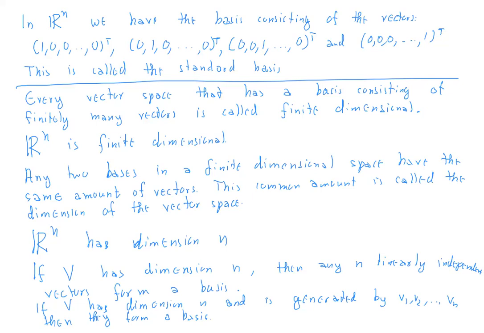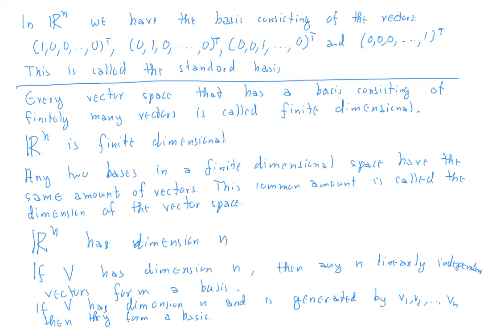The question is, what else are we going to work with other than Rn? And here's the last thing that I would like to introduce for today. We're not going to just work with Rn. We're going to also work inside Rn. So a vector space is not a basis. A basis is a bunch of vectors inside the vector space that generate it and are linearly independent.